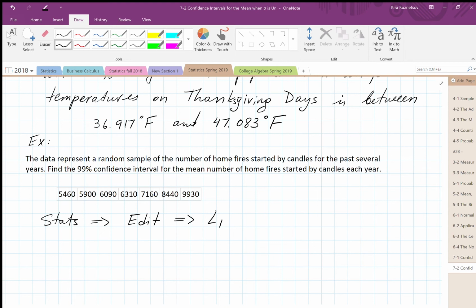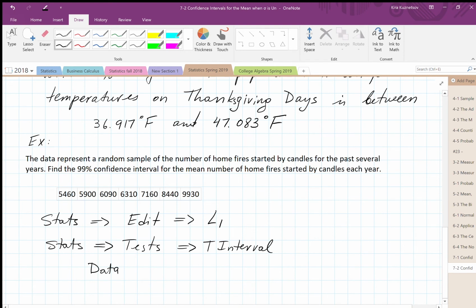After you've done this, quit the menu, go into stats, go over to tests, go down to TInterval, and when you push on this, instead of stats, you choose data.